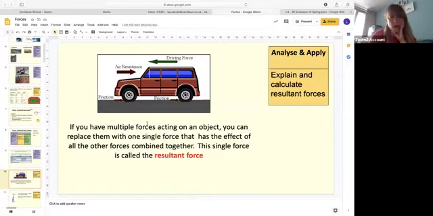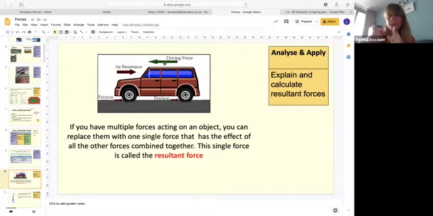Next, we've got resultant forces. A resultant force is essentially the answer that you get when you add multiple forces together or take multiple forces away from each other. If we're looking at this little picture of this car, we use the size of the arrow to determine the strength of the force, and those will be measurable amounts.